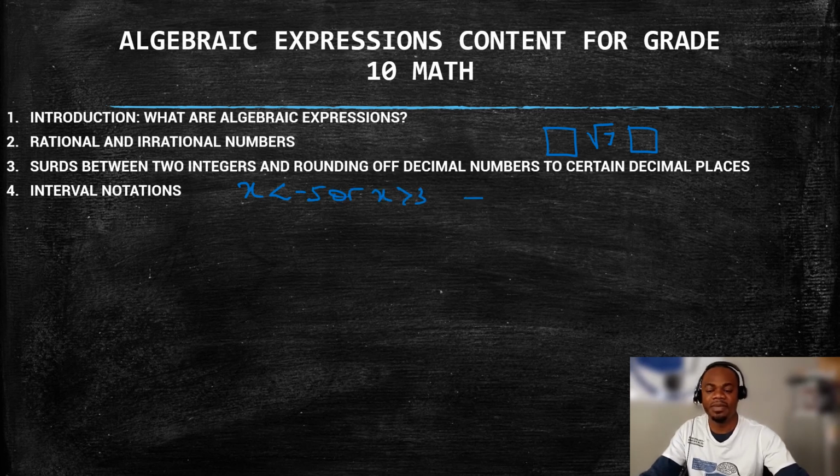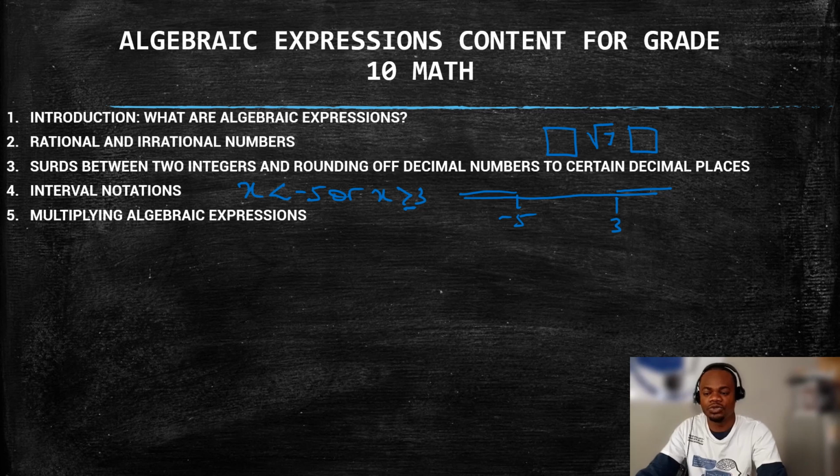And then with the number line as well, when we say -5 and then 3, and let's say greater than or equal, the solution will be there and then that. That's interval notation.